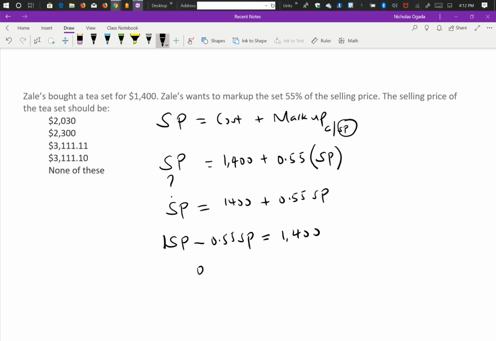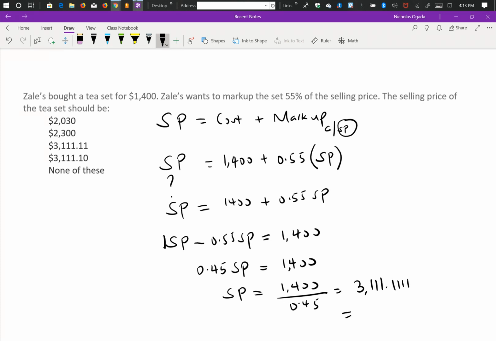1,400. If you think about it, 0.45 selling price should be equal to 1,400. And we know then our selling price should be 1,400, and you divide both sides by 0.45. Again, if you key this in your calculator, what you should end up having is a value close to 3,111.111.